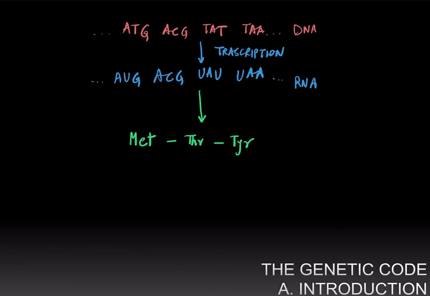And therefore, there is not a direct correspondence between the letters of the messenger RNA and the letters of the amino acid sequence, and there must be a code involved in translation, a code that tells us how one letter or some combination of letters in RNA correspond to one letter in the protein.